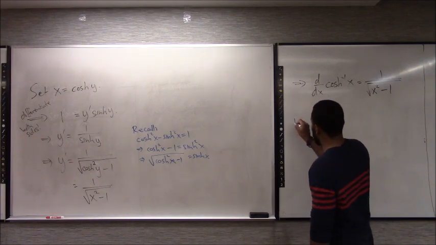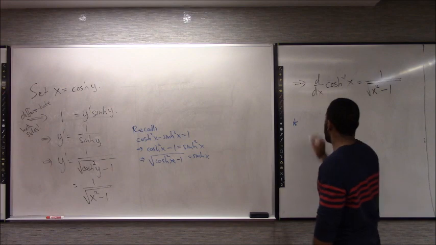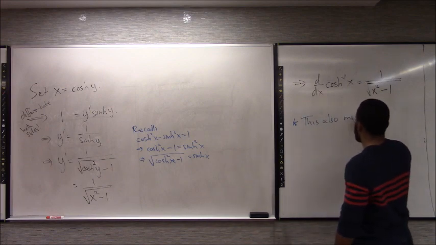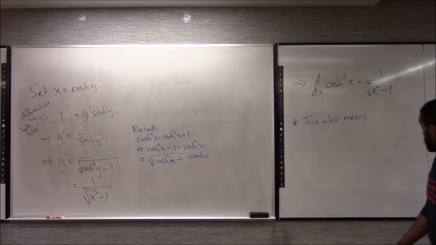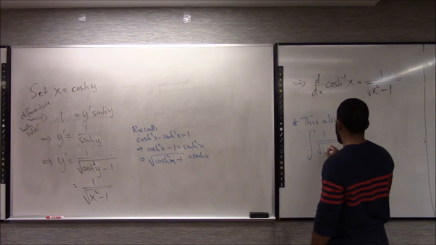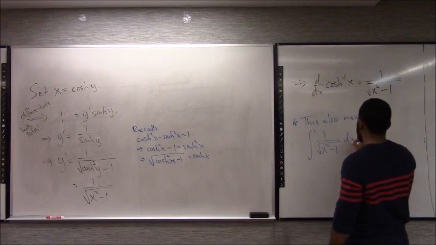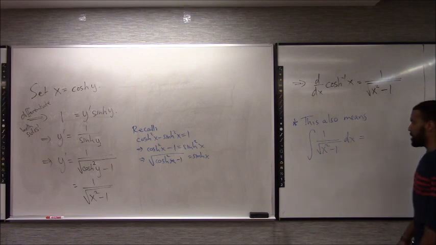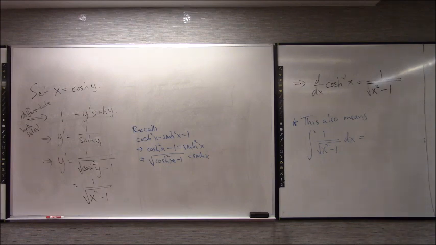And a nice thing for us in Calc 2, this also means, via the fundamental theorem of calculus, that if I were to integrate something that looks like 1 over the radical of x squared minus 1 dx, prior to just now, had we seen that and wanted to integrate it, we would have to do a trig sub. We would set x equals secant theta, and you'd go through that whole thing.